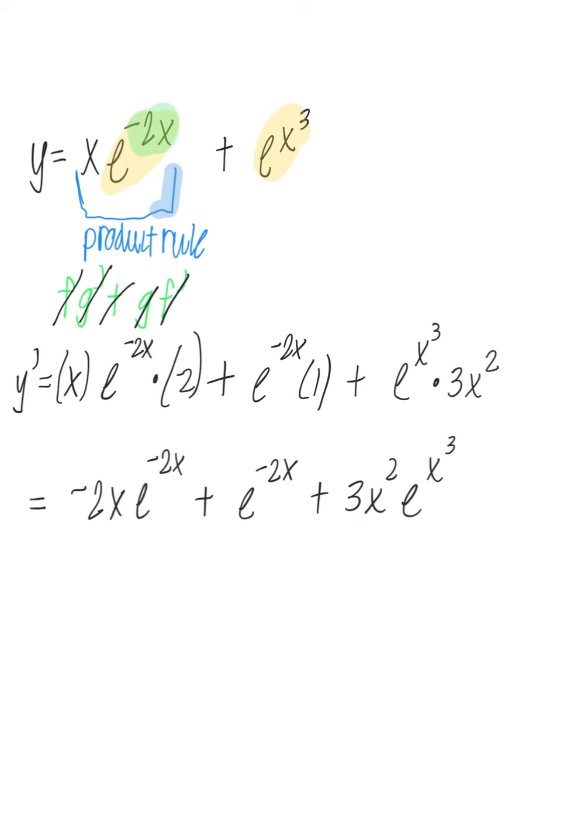There is a base of e in every single part, but those bases of e do not have the same power. Now, normally when we have the same base, we take out the lowest power, and that's your GCF. But how can you take out a lowest power between negative 2x and x cubed? Like, which one's smaller? You don't know because it's got a variable in it. So we're not going to take out an e.